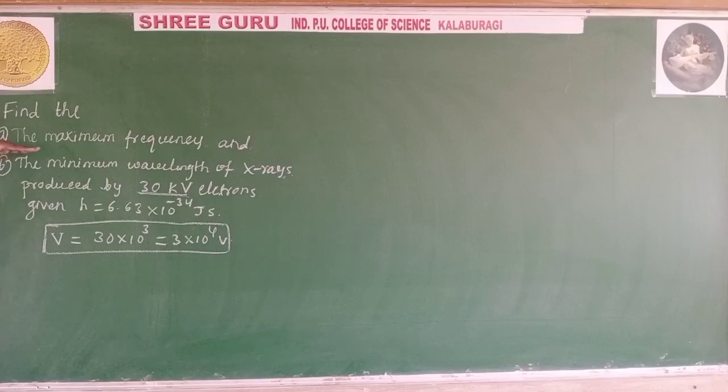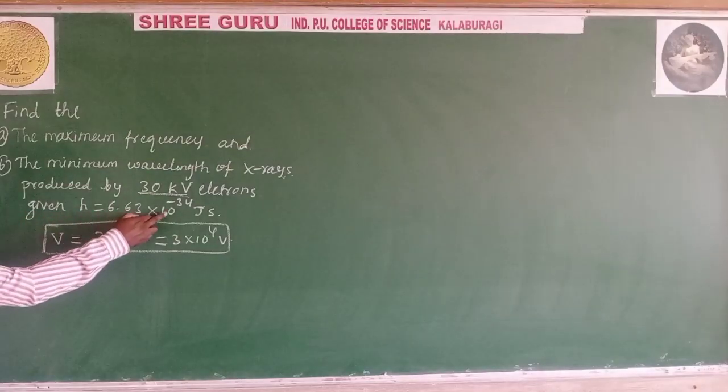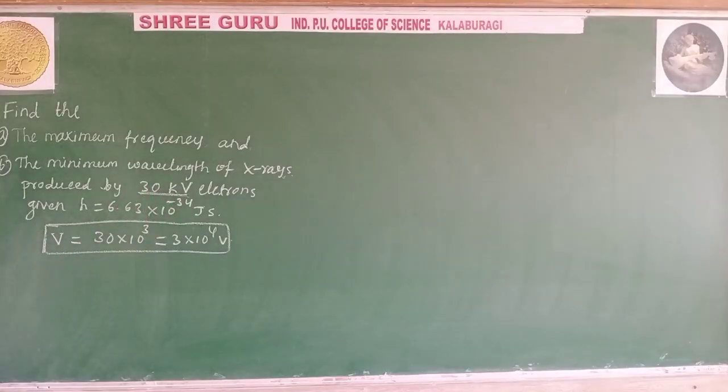Now, what is the formula for maximum frequency? Just keep in your mind what things are given. One is Planck's constant, 6.63 into 10 raised to minus 34 joule second, and another one is voltage.